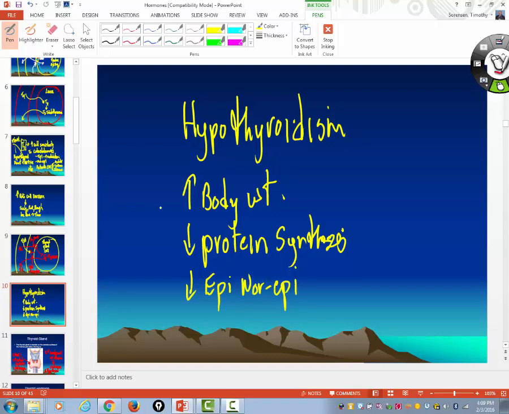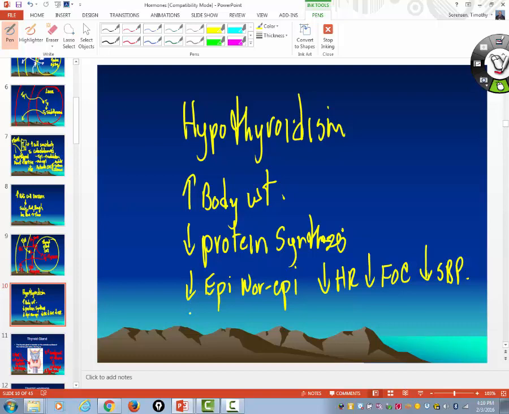So what is that going to do? That's going to decrease your heart rate, decrease your force of contraction of your heart, and decrease your systolic blood pressure. So they can be hypotensive. They can actually get postural hypotension, so you stand up and you start getting dizzy and lightheaded.